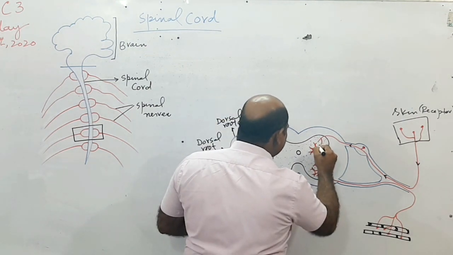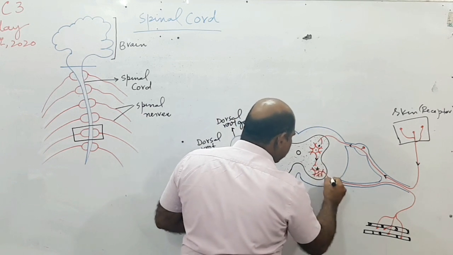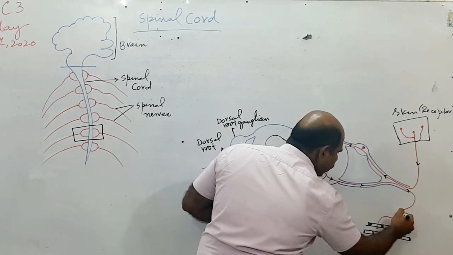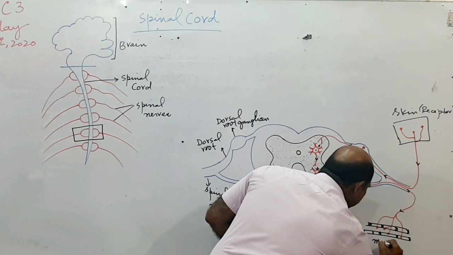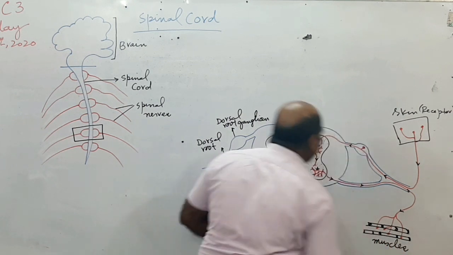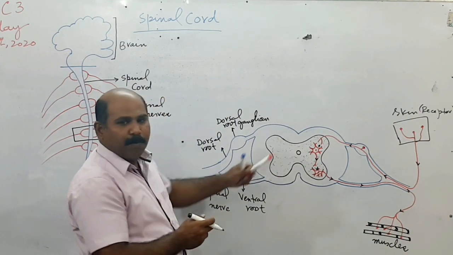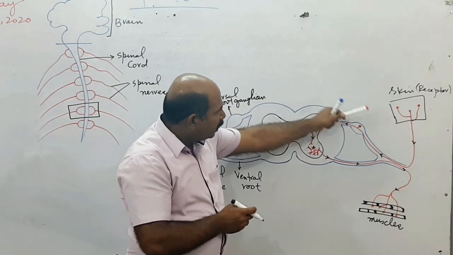It's coming here, then on this side it's received here, then moving towards this side. So it is going, and the muscles will be contracted. This is one of the most important diagrams, and many of the structured questions plus MCQs will include this diagram.